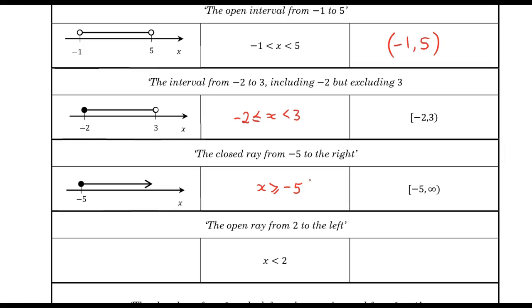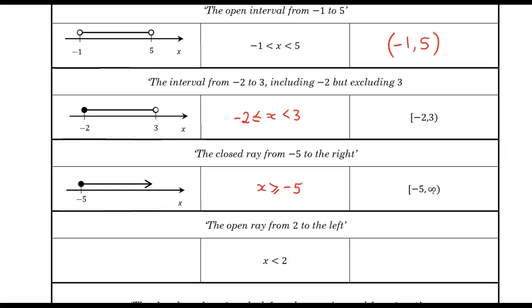For our bracket interval notation, I need something to finish it off. I've got a square bracket to begin with and -5 because that's our lowest value and it includes that value. But then it goes on forever, so we put an infinity symbol there with a round bracket because it's not going to actually include infinity, it just heads off in that direction.